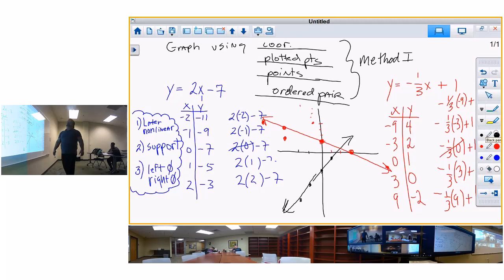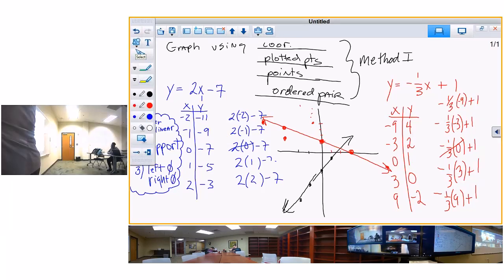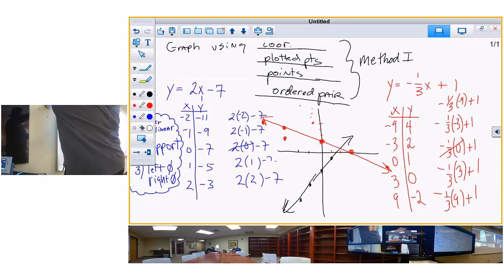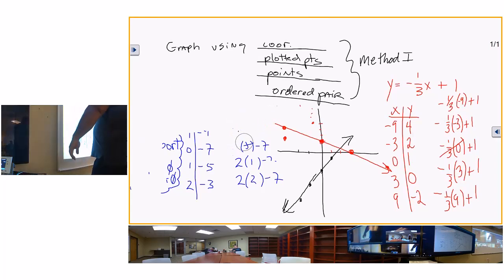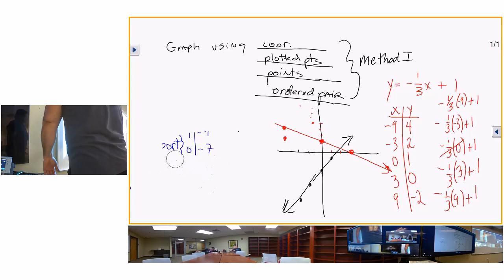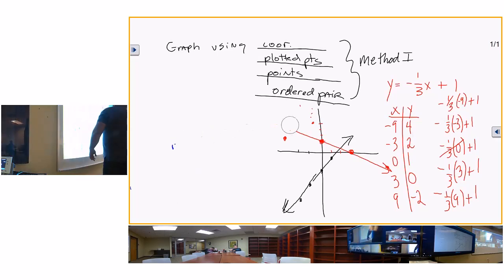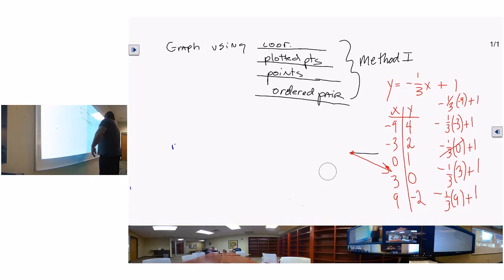Second method. The second method is when you're going to be using, I'm just going to erase all of this because I don't want to erase the black part. Because the directions will just say one thing. It'll say graph using the intercepts. And this is the second method.